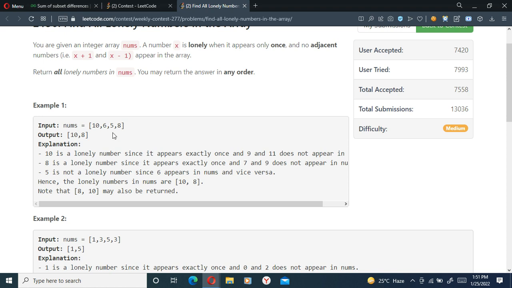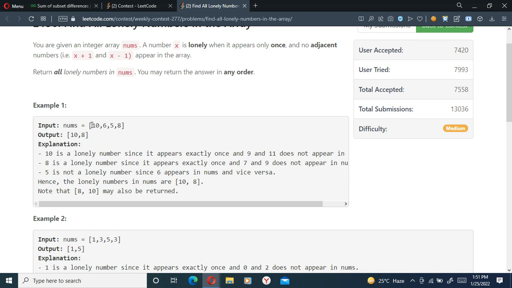So I go to this guy right here, and let's say I complete inserting the values of these guys into the map, so let's say I inserted 10, 6, 5, 8.